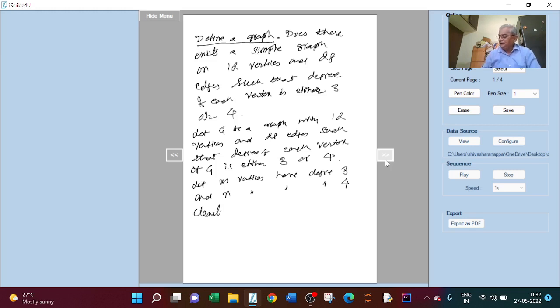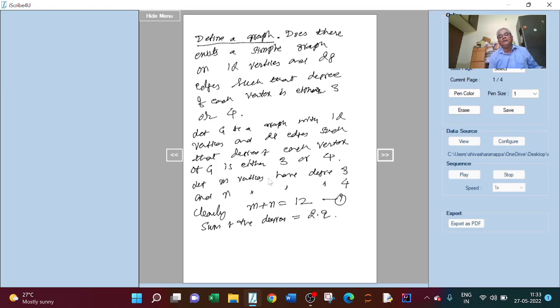Clearly M plus N is equal to 12, the total number of vertices, and the sum of the degrees is equal to twice the number of edges. We have this result. What is the sum of the degrees here? M vertices are of degree 3, N vertices are of degree 4.